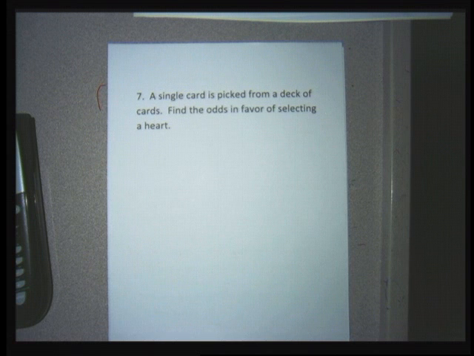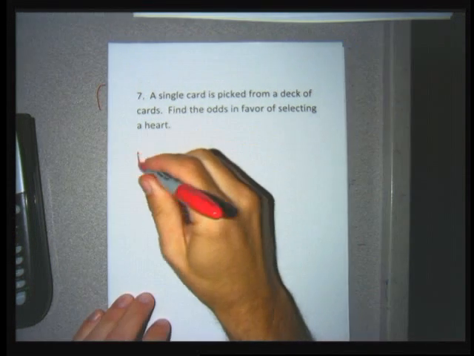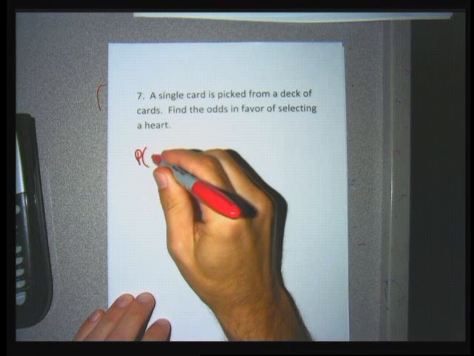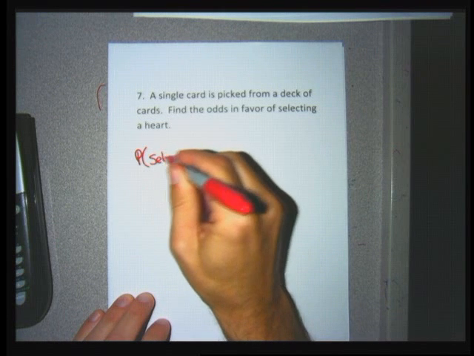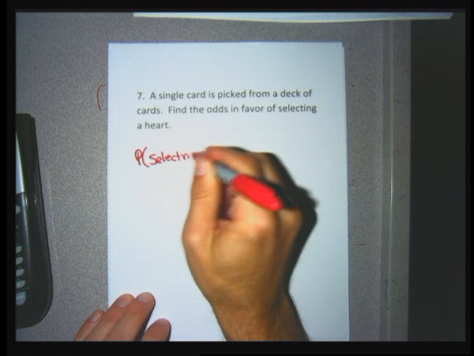Problem 7 asks me an odds question, picking a single card from a deck of cards. Odds require me to compute probabilities, and probabilities require me to make fractions. The odds in favor of selecting a heart is going to be the probability of selecting a heart divided by the probability of not selecting a heart.